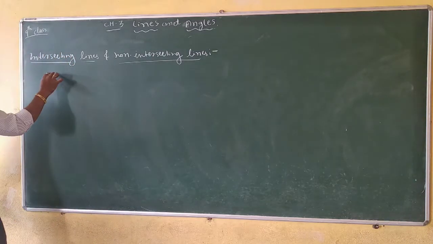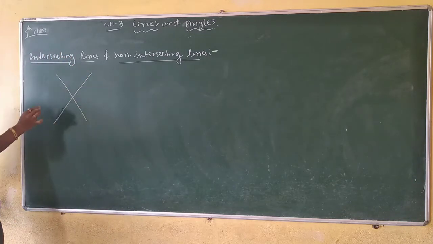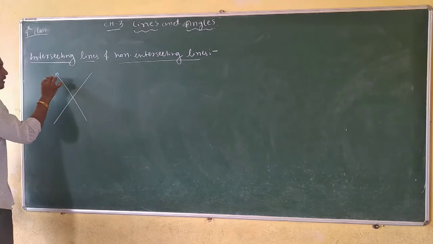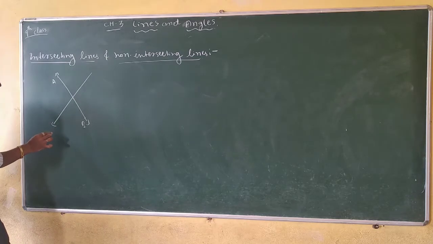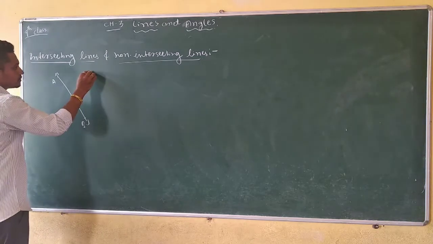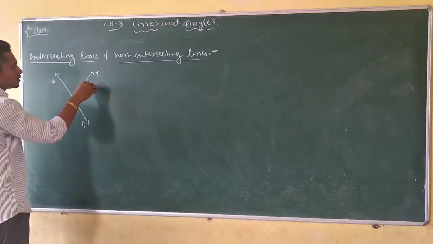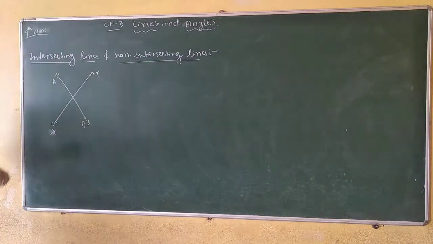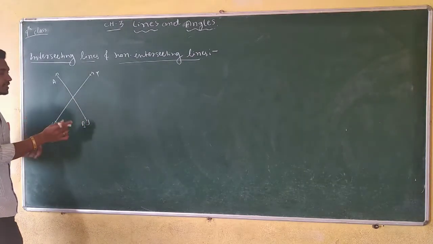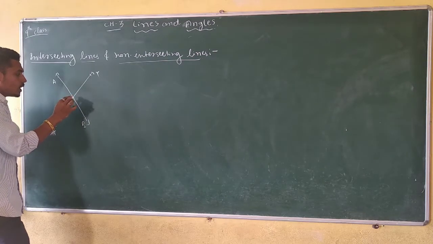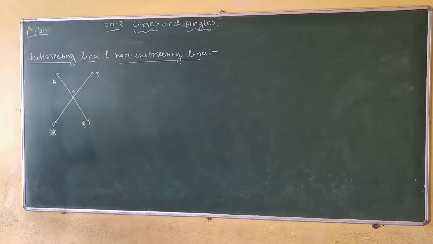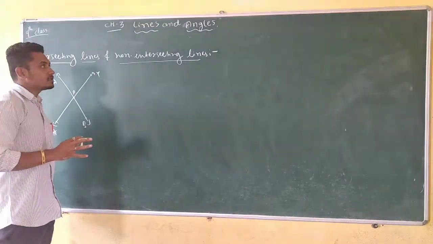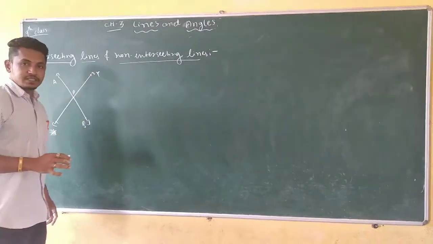See here, this is one intersecting line, the line AB, and this is the line XY. These two lines intersect at one fixed point, point P.